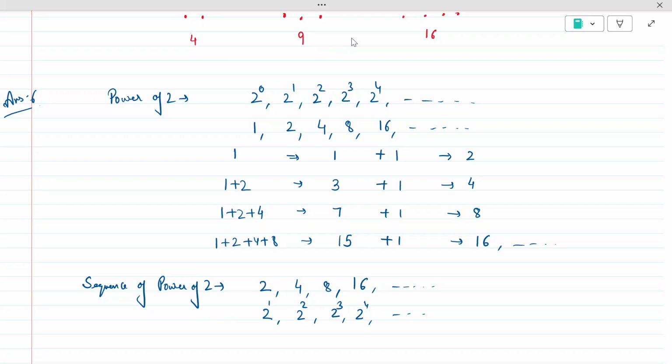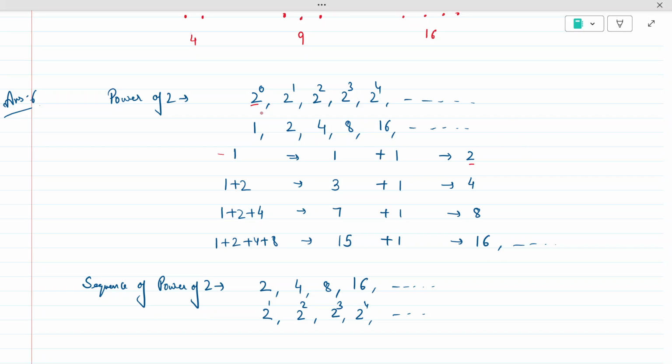The first number gave us 2, which is 2 raised to the power 1, the next number of this series.